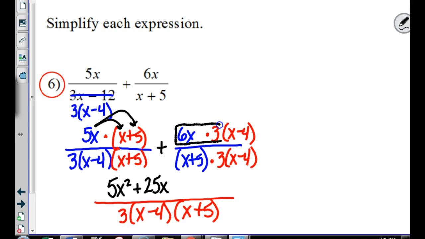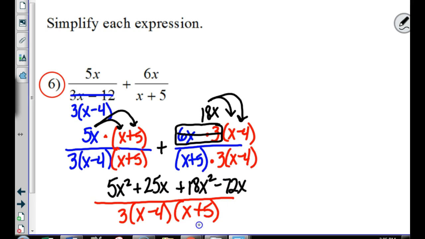Can we just make that mess right there an 18x before we distribute it? Is that going to confuse anybody? I'm just trying to save us a little space here. So 18x distributed through the x minus 4 will be an 18x squared minus 72x, I think. Did I double that enough times?